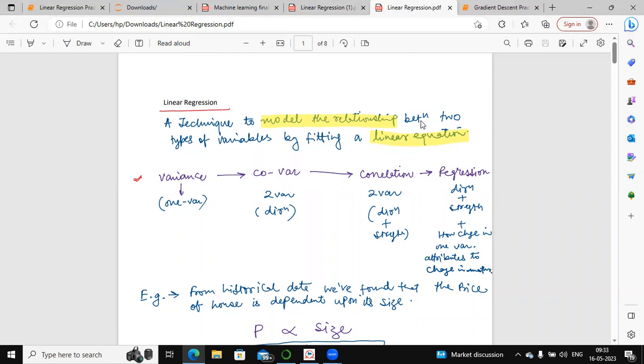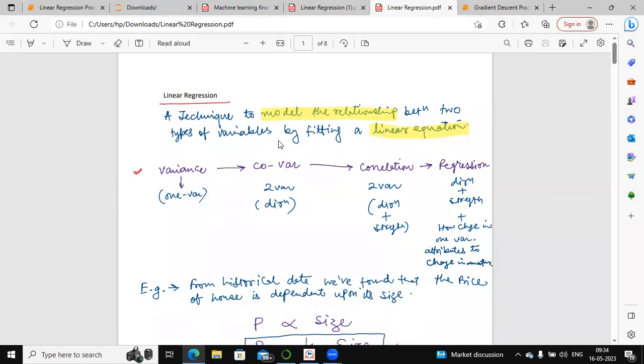It's a technique to model the relationship between two types of variable, the input and output variable, by fitting a linear equation. So we are fitting a linear equation in such a way that we capture the relationship between input and output.